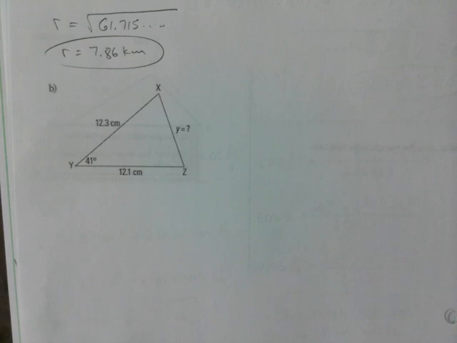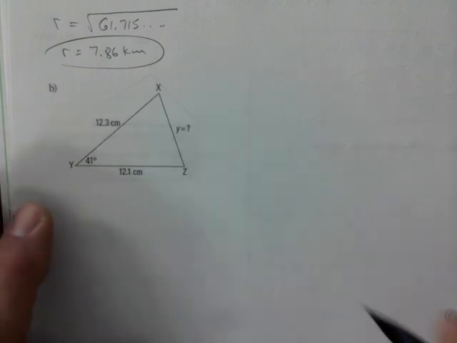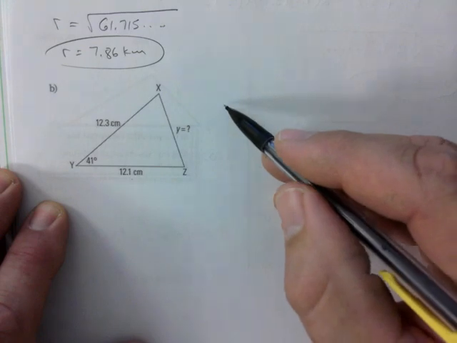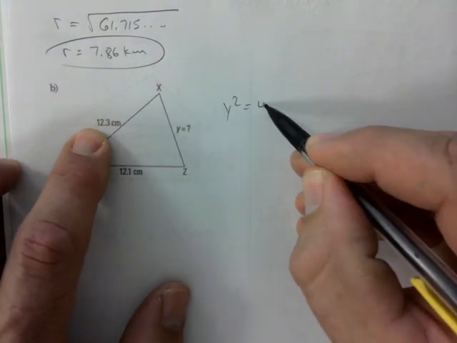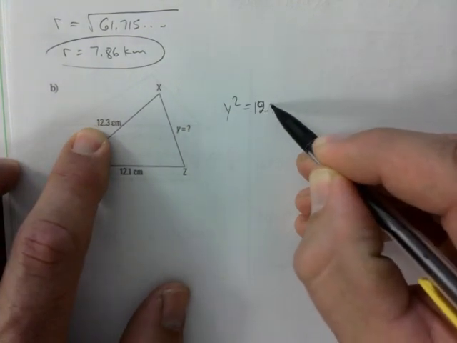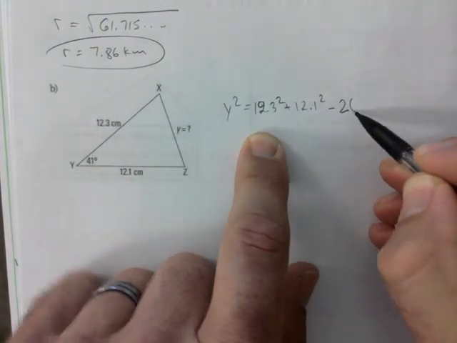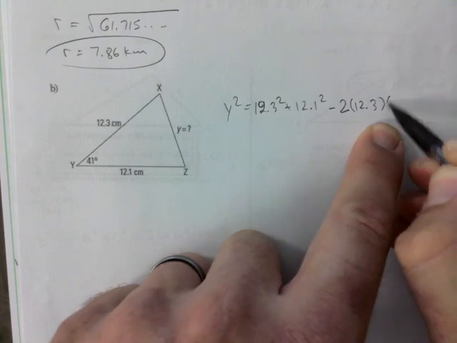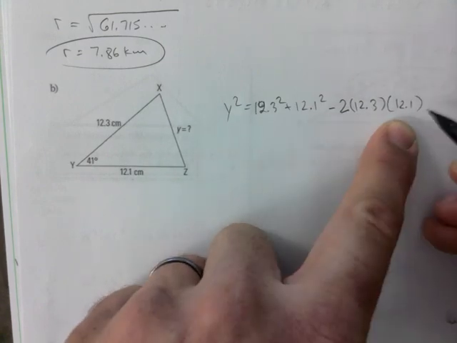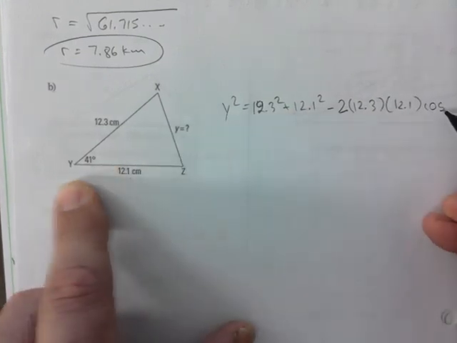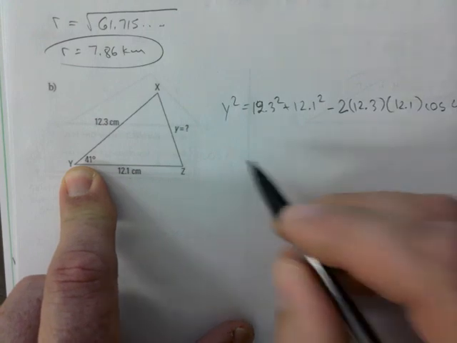Don't use SOHCAHTOA. Oh, sine is opposite over hypotenuse. There is no hypotenuse here because we don't have a right angle. We don't have a right triangle. This one, same thing. Y squared is equal to, grab the other 2, square it, minus 2 times 12.3 times 12.1 times cosine of the only angle that is there.